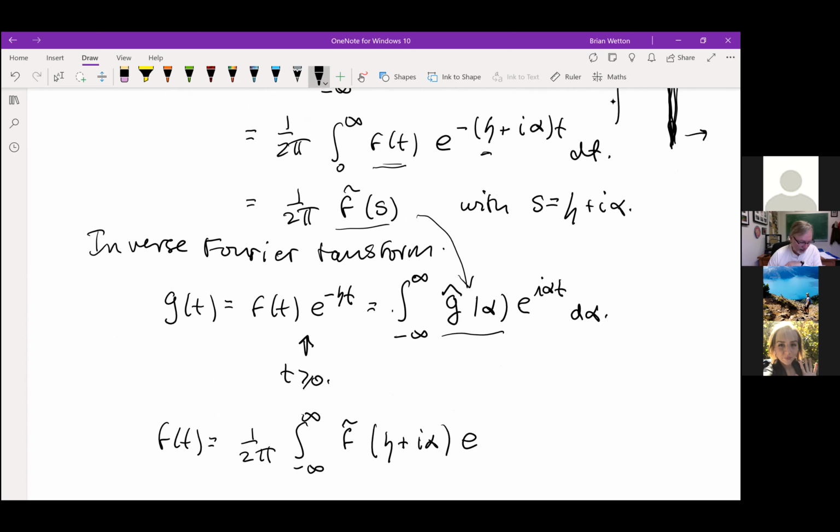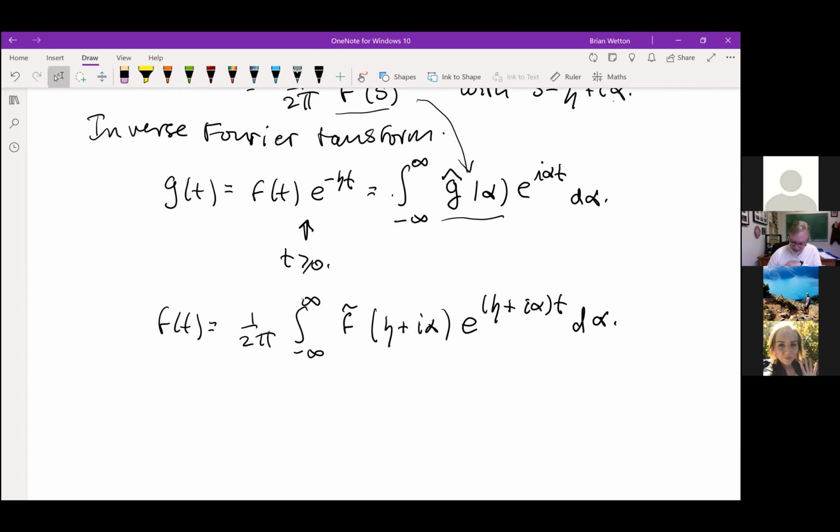And then I've got e to the eta plus i alpha t d alpha. Right, and you'll notice this is the same complex argument.